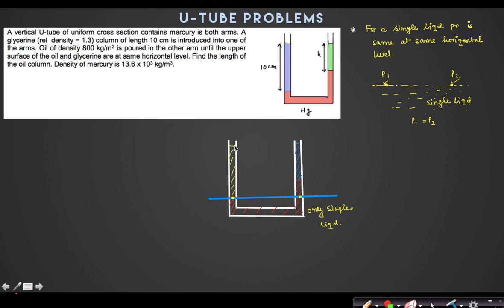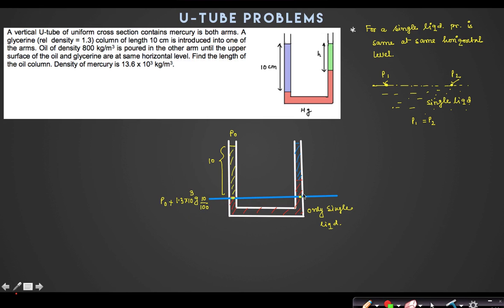If I come from here, the atmospheric pressure is P naught and this height is 10 centimeter. So the pressure at this point must be P naught plus rho of glycerin, which is 1.3 into 10 power 3, into g into h, where h is 10 centimeter, so 10 by 100. That is the pressure at this point.